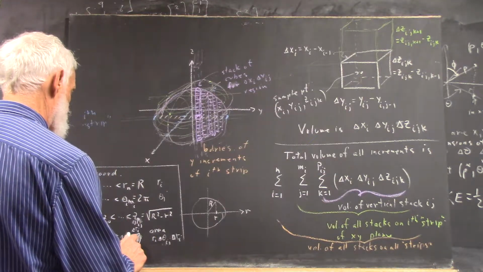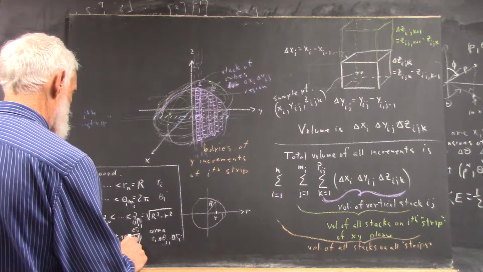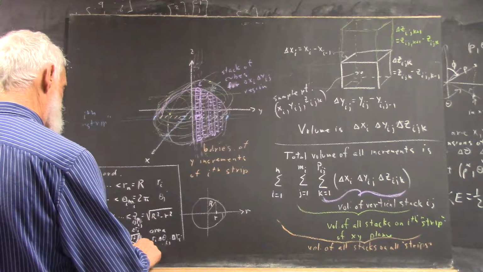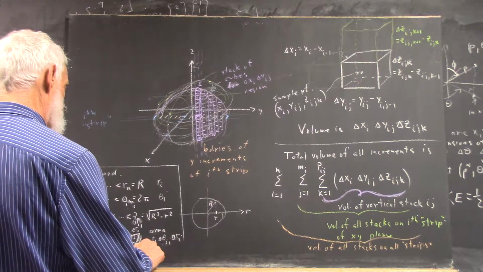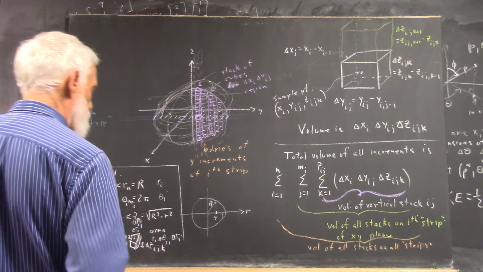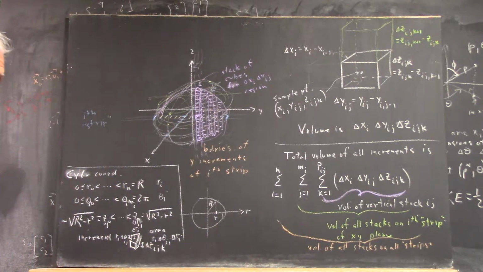So there's this, and here's your delta Z Ijk.